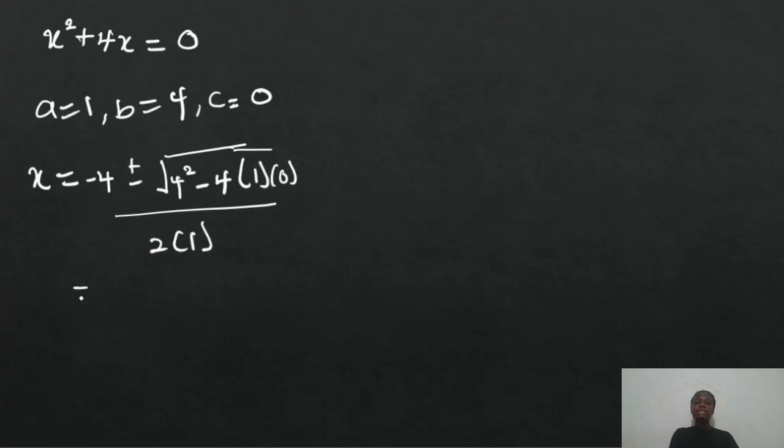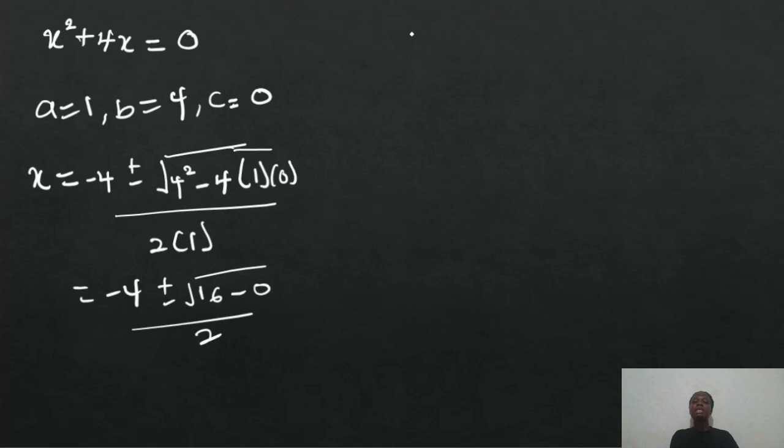So we get negative 4 plus or minus root 16 minus 0, all over 2.